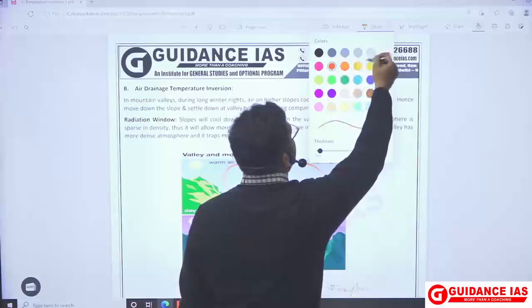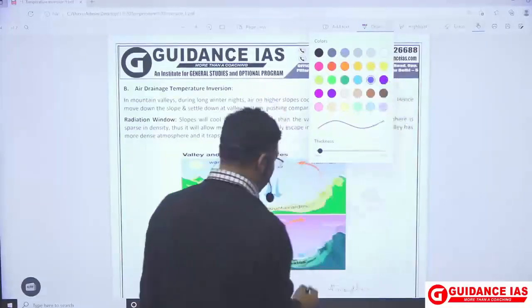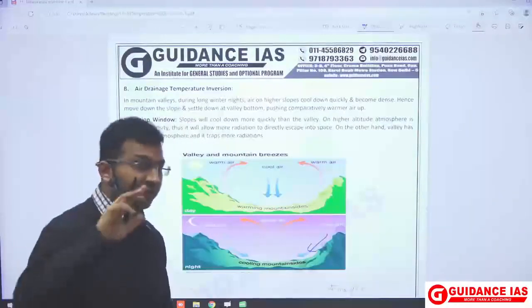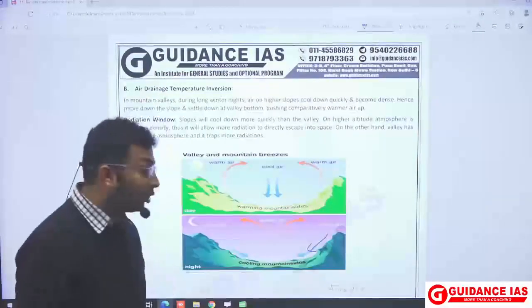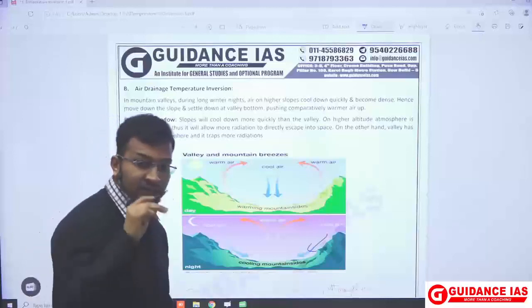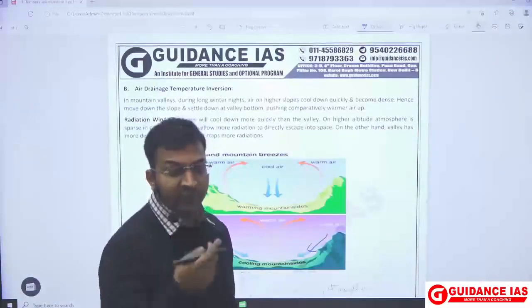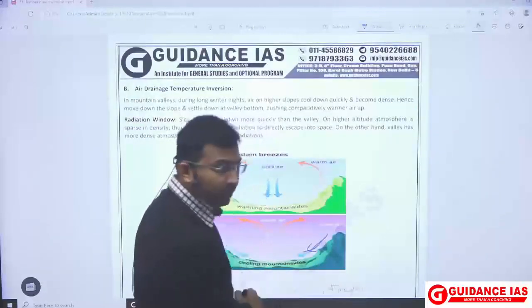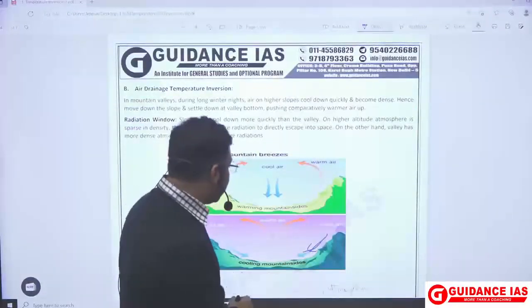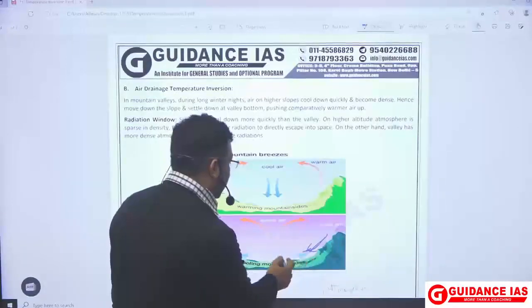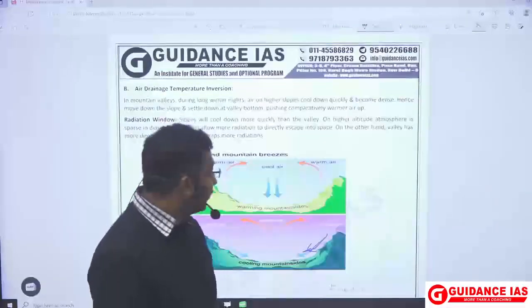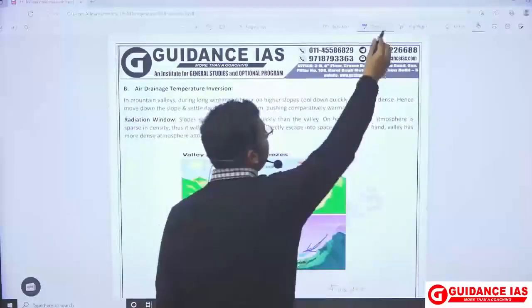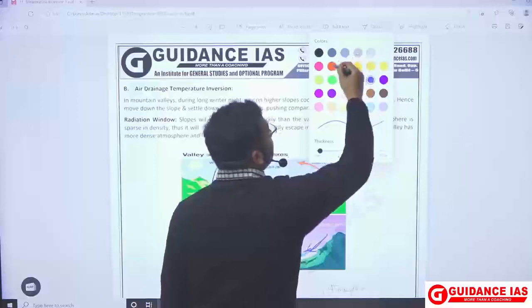The colder, dense, heavy air moves along the surface of the mountains towards the valley bottom, just like a river drainage system. The air drains towards the valley bottom, and as a result, it pushes the warm air above it.